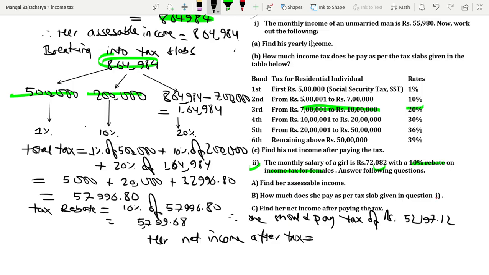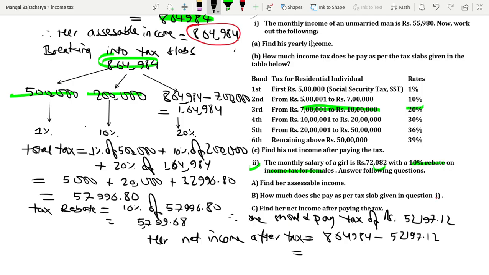Her annual income is 8,64,984, from which she is paying 52,197.12 rupees as tax. So let's deduct it and then we get the balancing amount.